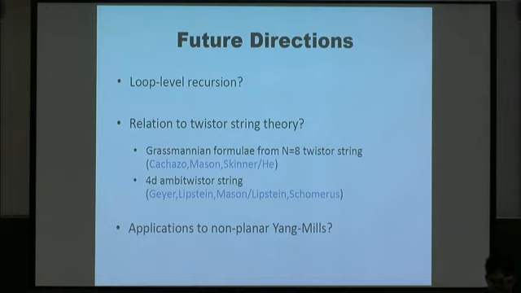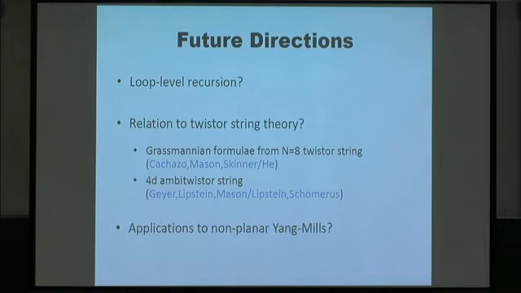And then, as I said, the big difference between gravity and Yang-Mills is that gravity is intrinsically non-planar. So many of the issues that you would encounter if you want to, for example, compute non-planar amplitudes in Yang-Mills theory, you're forced to address when you compute amplitudes in gravity.